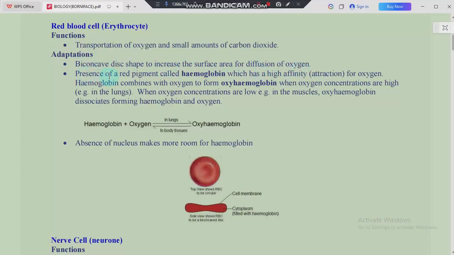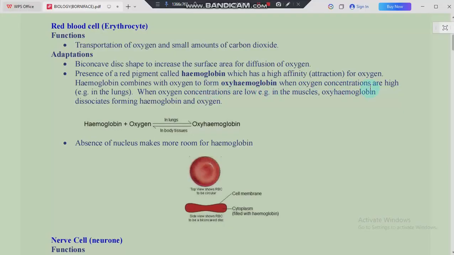Apart from that, there is the presence of a red pigment that we call hemoglobin, which has a high affinity or attraction for oxygen. So hemoglobin combines with oxygen to form oxyhemoglobin.